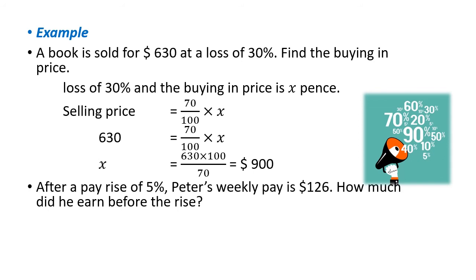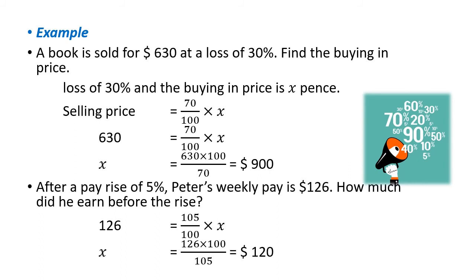Next one, after a pay rise of 5%, Peter's weekly pay is $126. How much did he earn before the rise? Here also the same method. After the rise the payment, 126, he got. Here 5% rise. It means markup. So 100 plus 5, 105%.